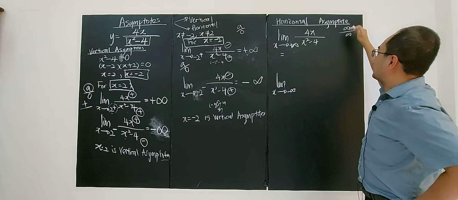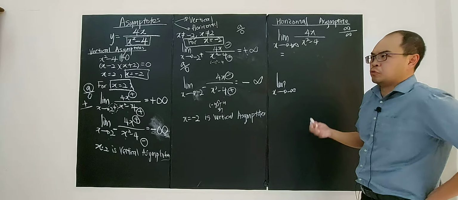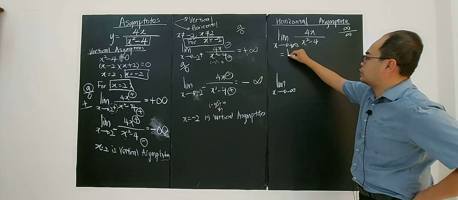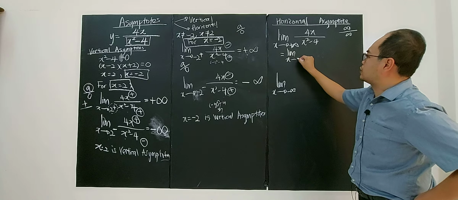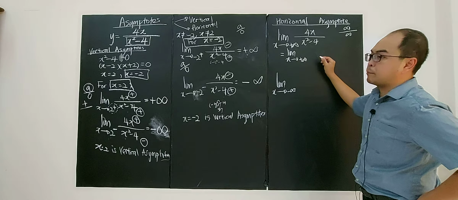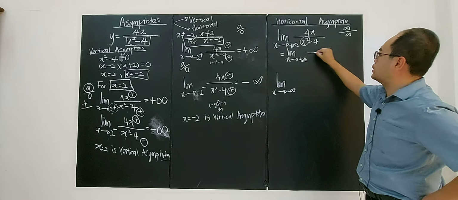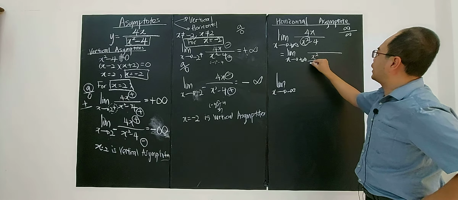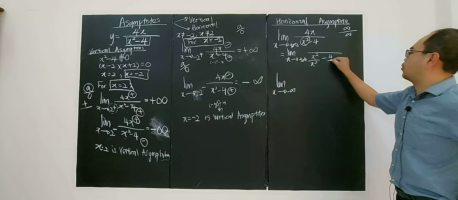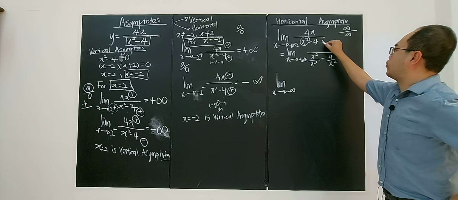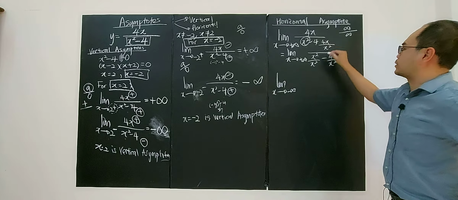So this type of limit is indeterminate. You don't know what will happen, so you need a technique. The technique that I taught in 8.1 is to divide everything by the highest power of the denominator, x squared: x squared over x squared, minus 4 over x squared, and 4x over x squared.